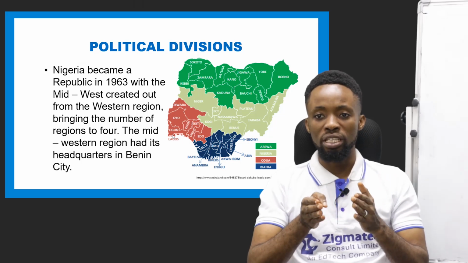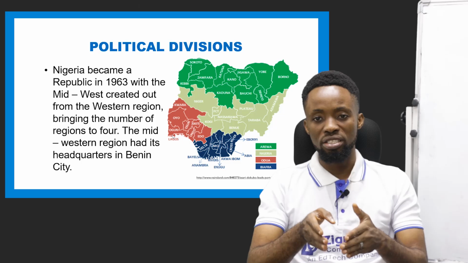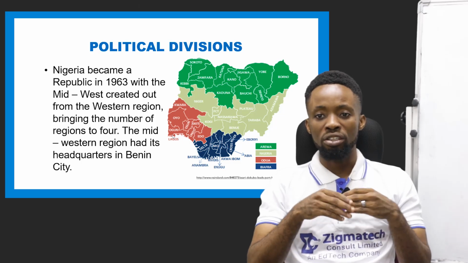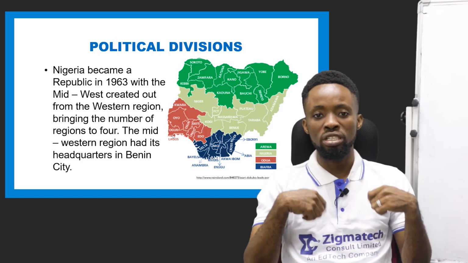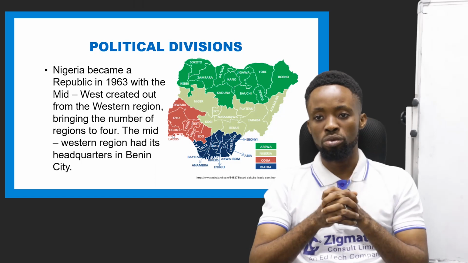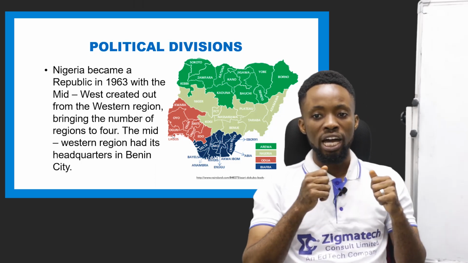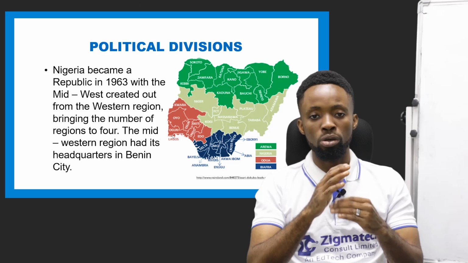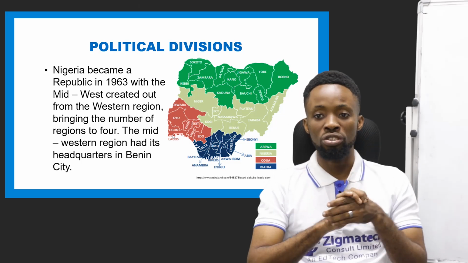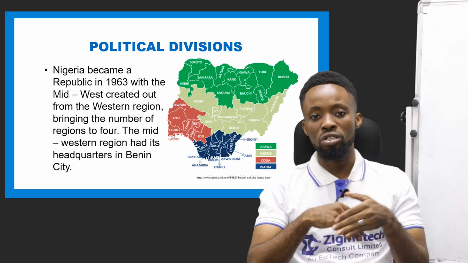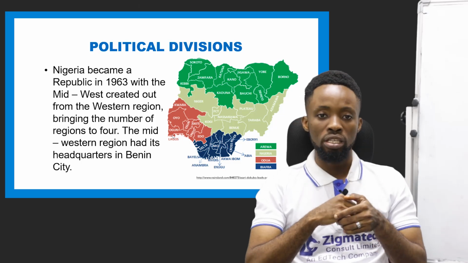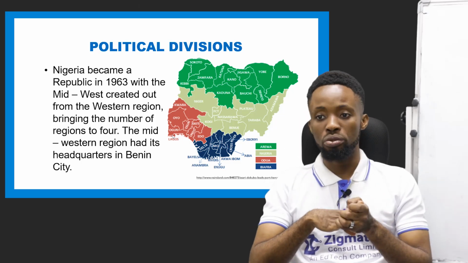Nigeria became a republic in 1963, and during that period, the Midwestern region was created, which brought the total to 4 regions. And the Midwestern region had its headquarters in Benin City in Edo State.